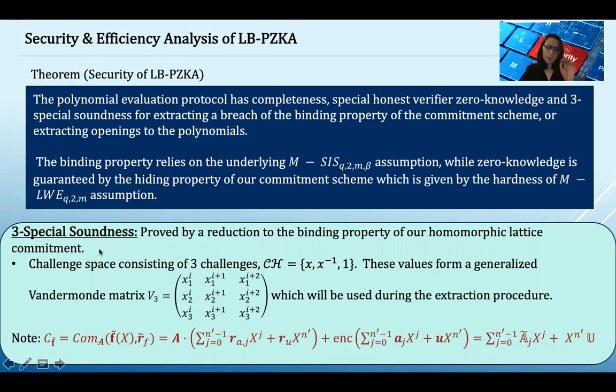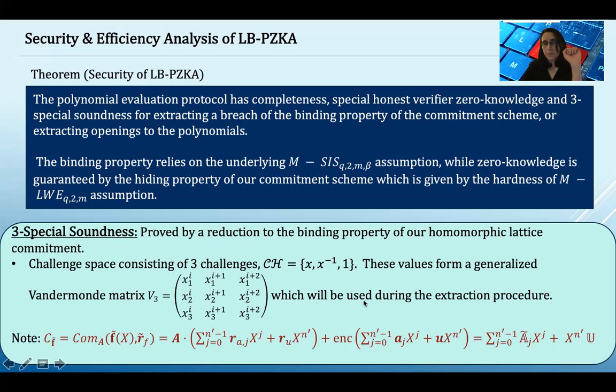So here I just want to briefly show the idea in order to prove the special soundness of our protocol. This can be proved by reduction to the binding property of our homomorphic lattice commitment. And as I mentioned, the challenge space consists of 3 challenges. Then these values can be used to generate a generalized Vandermonde matrix, which has this form.